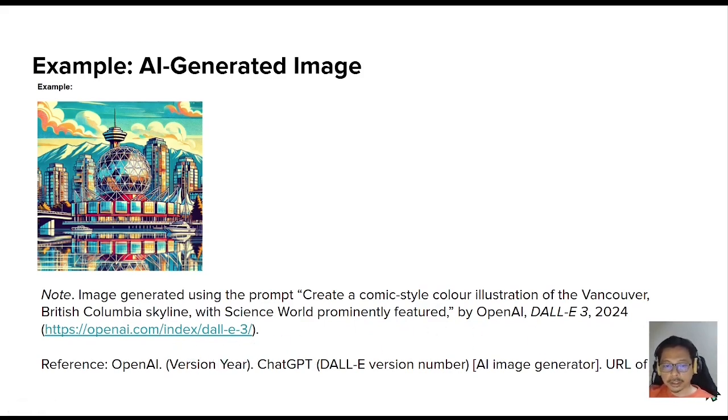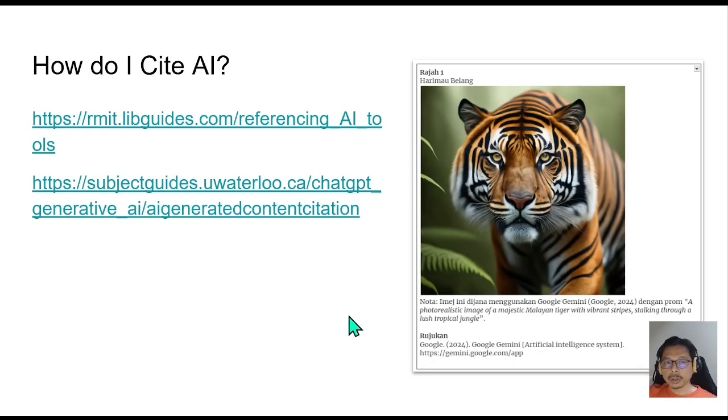And in the reference list, you can use something like this as well. So if you want to find more information on how to cite AI in your work, you can refer to these two examples here. One is by RMIT, Royal Melbourne Institute of Technology, and the other one is by University of Waterloo.